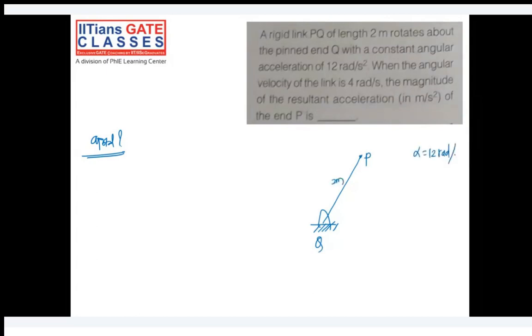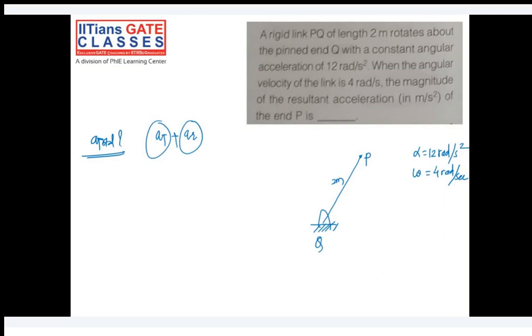When the angular velocity of this link is omega, 4 radian per second, the magnitude of the resultant acceleration of the end P is. So whenever we have a turning pair, you have tangential acceleration plus radial acceleration. So you have to calculate tangential acceleration and radial acceleration, and just take a root of it.